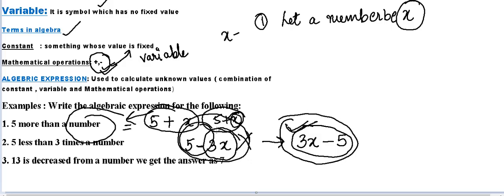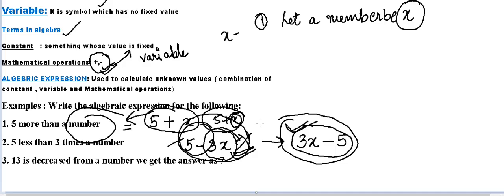So let us again look at the example. It says 5 less than 3 times a number. This equation represents 3 times x is less than 5.